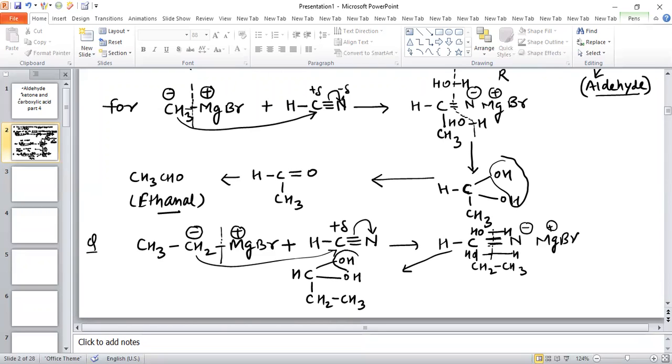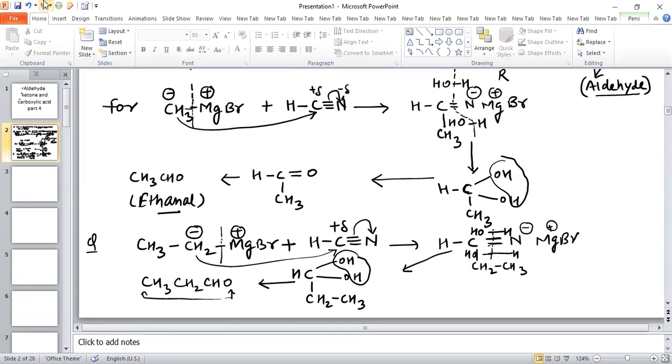So water is removed. When water is removed, what will happen? The product obtained is CH3, CH2 and CHO. So this product is obtained after the reaction. Basically what I'm telling you, if HCN is having only one carbon, this carbon oxidizes into CHO group.